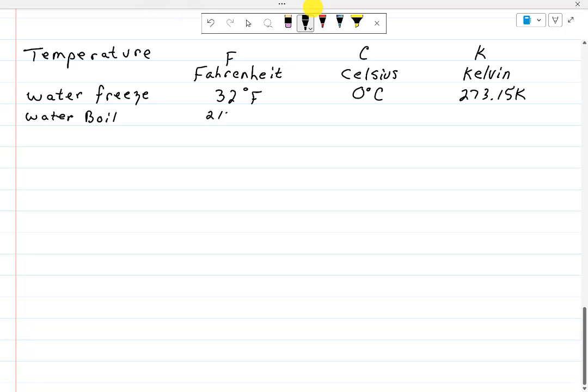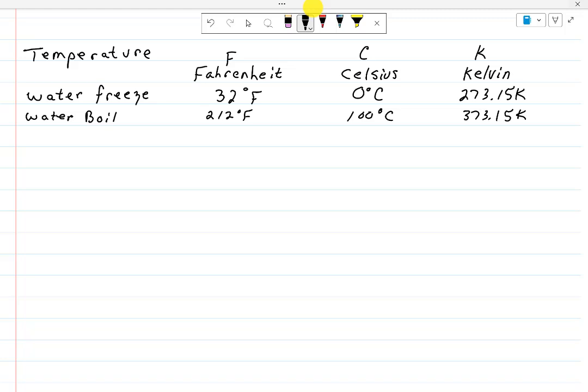For Fahrenheit, that's 212 degrees. For Celsius, it's 100 degrees Celsius. And for Kelvin, it's 373.15 K. Notice how the Celsius is probably nicer, just because it seems more reasonable to choose 0 at the temperature when something freezes and 100 when it boils.